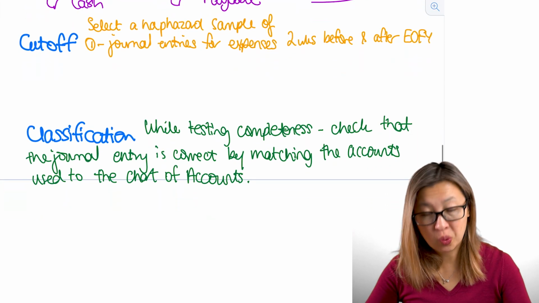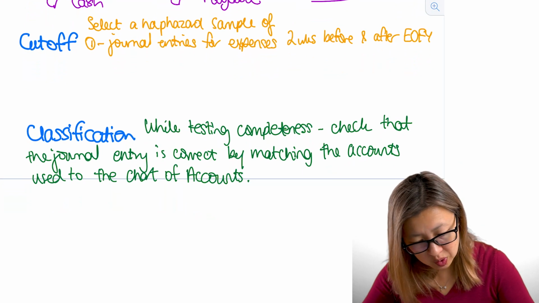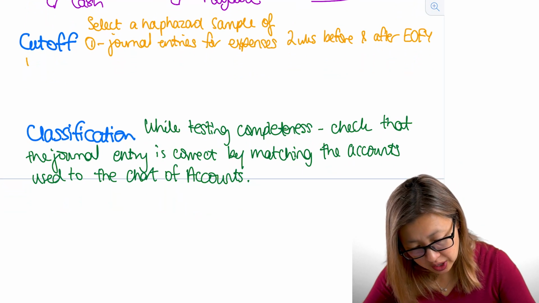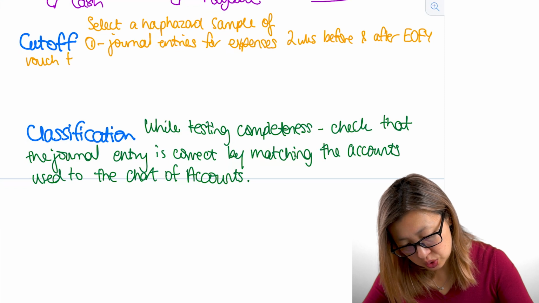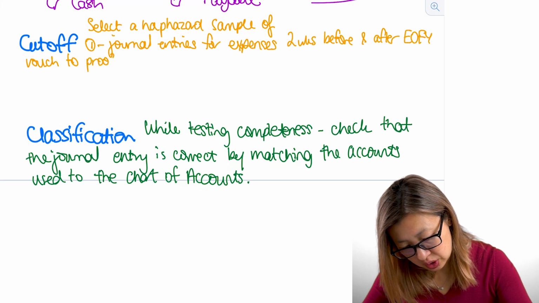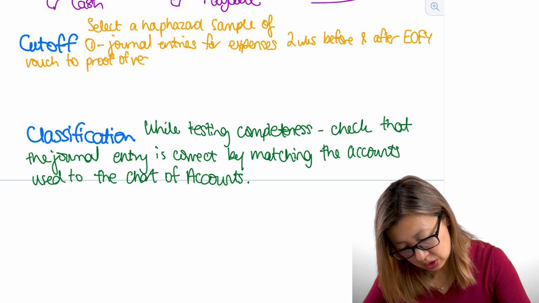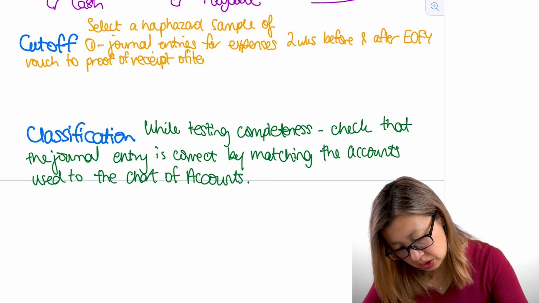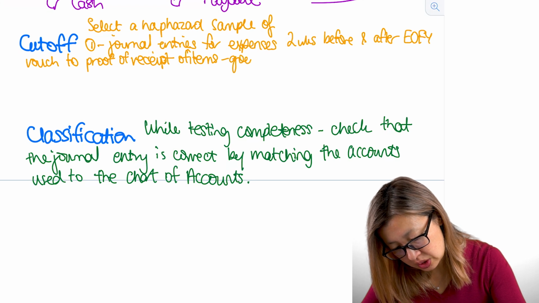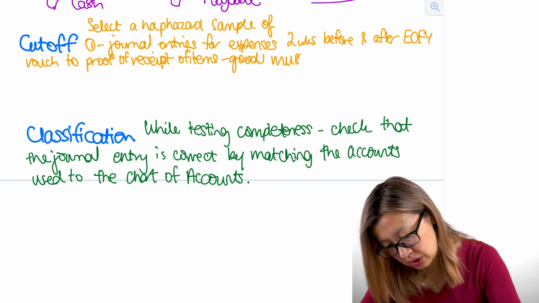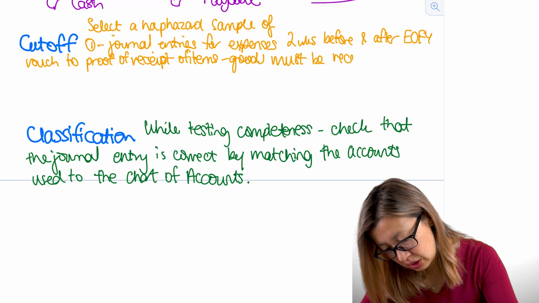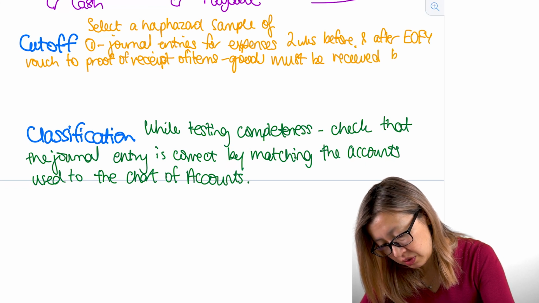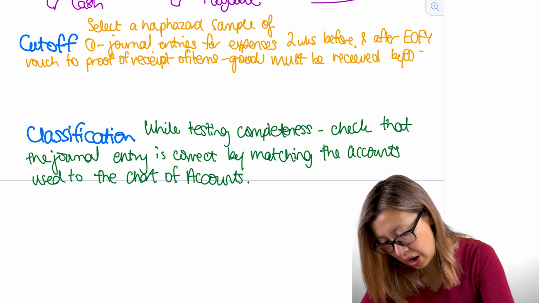And with those journal entries, what you're going to do is vouch to proof of receipt of the items. Goods must be received by the end of the financial year, EOFY.